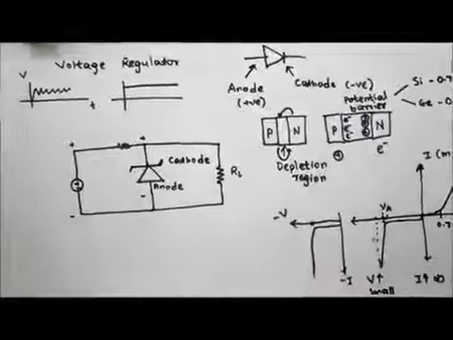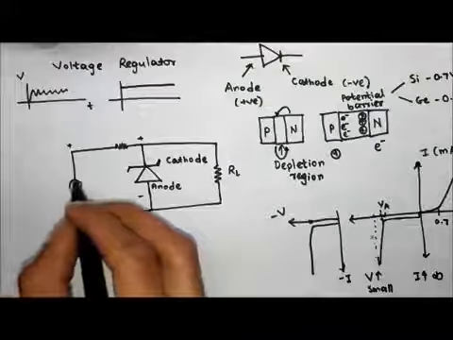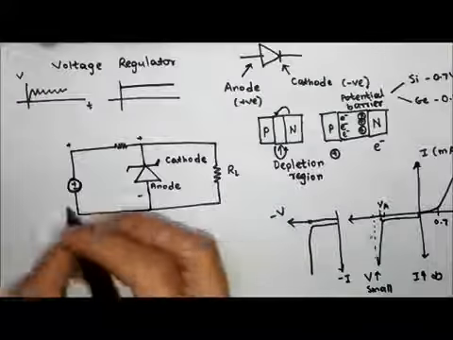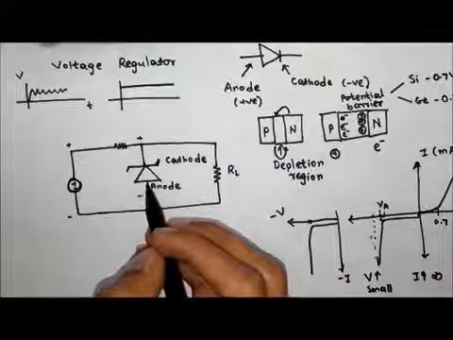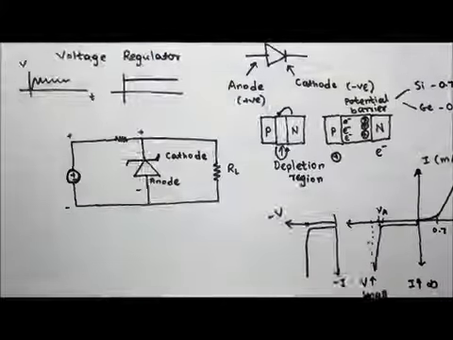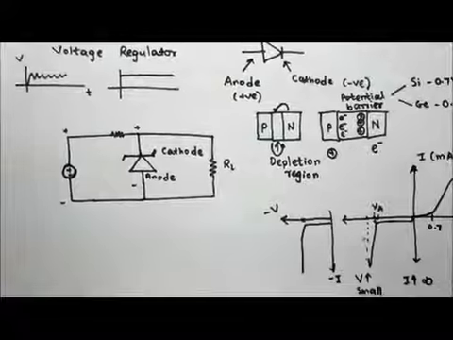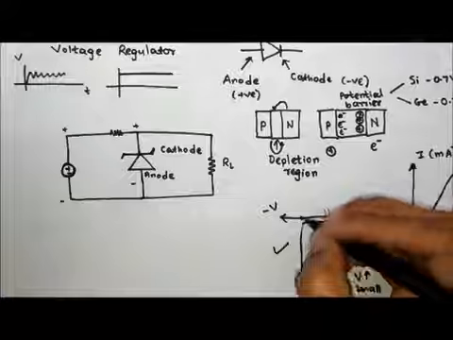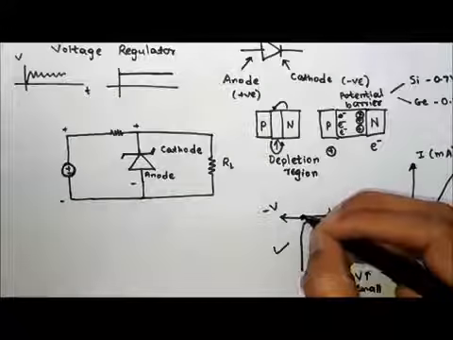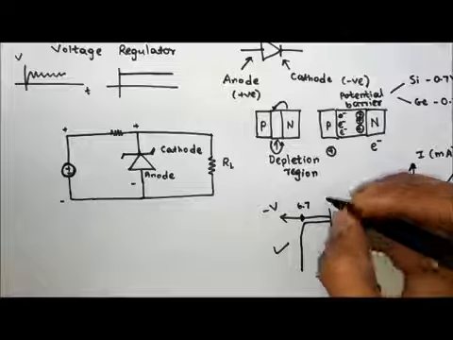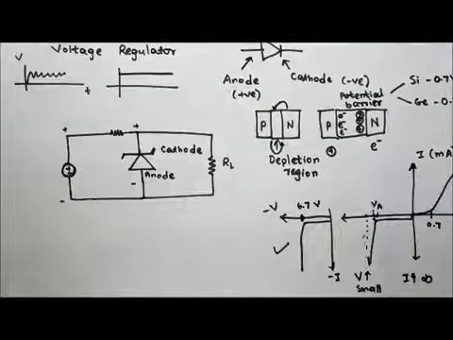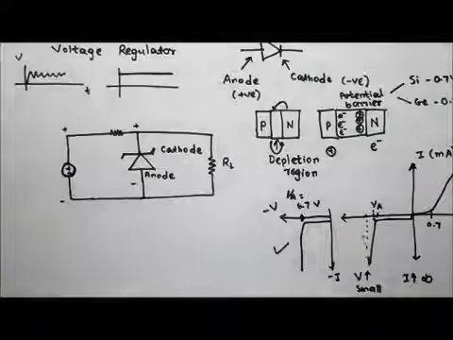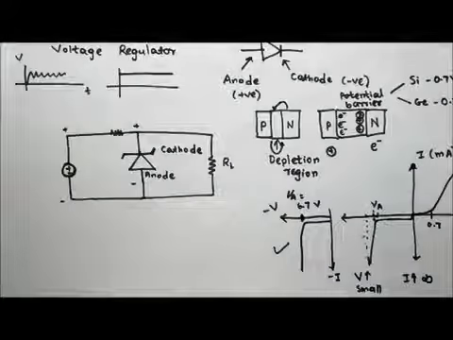Okay, so now what happens is, as you can see, I have a voltage source over here such that the Zener diode is in reverse bias. Okay, so when a Zener diode is in reverse bias, we'll get these characteristics. Okay, so I will try to maintain the voltage at some point, let us call it as 6.7 volts, which would be the avalanche breakdown of the Zener diode, VA, 6.7 volts.